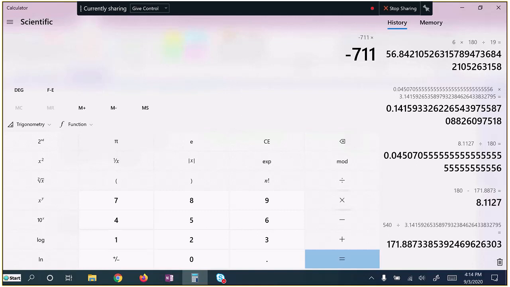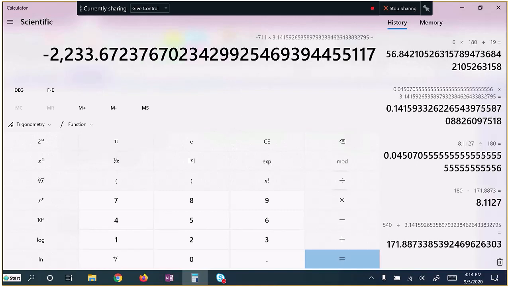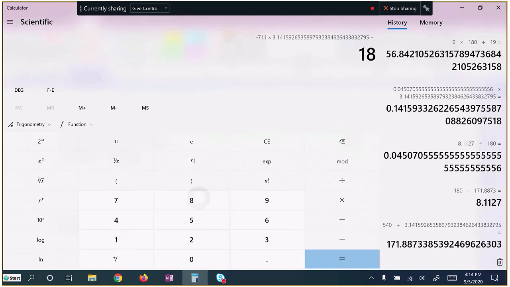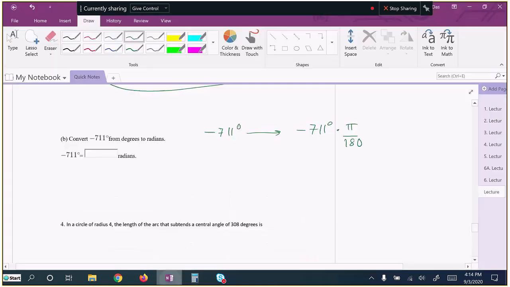We multiply it by pi and we divide that by 180. Rounding to 4 decimal places, we get negative 12.4093. Since it is radian, we're not going to use any unit. So negative 12.4093 radians.